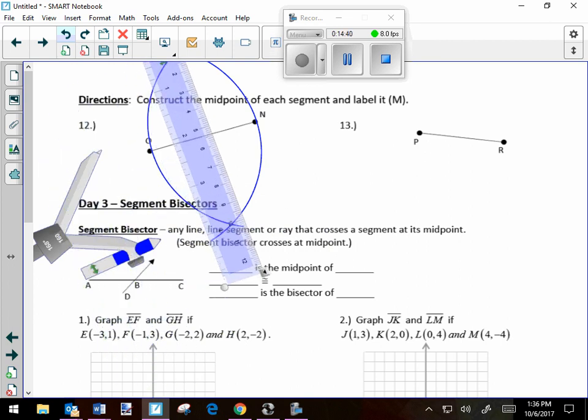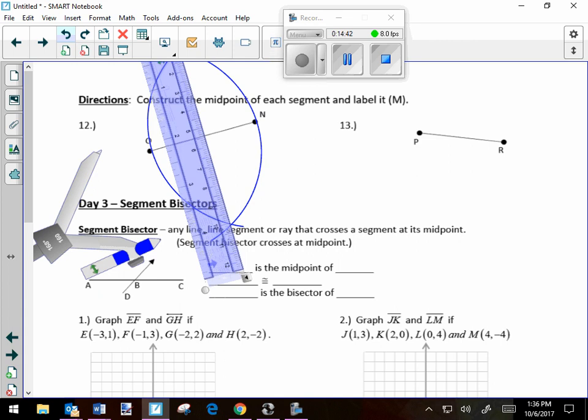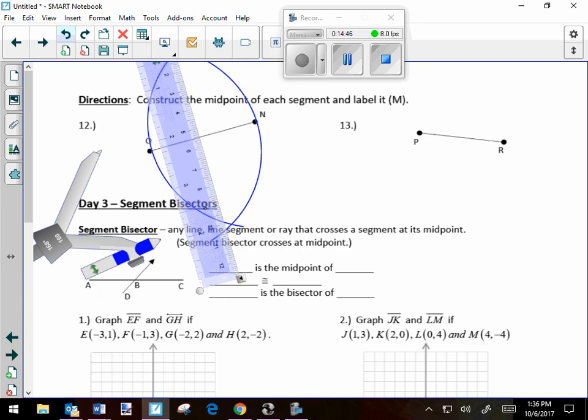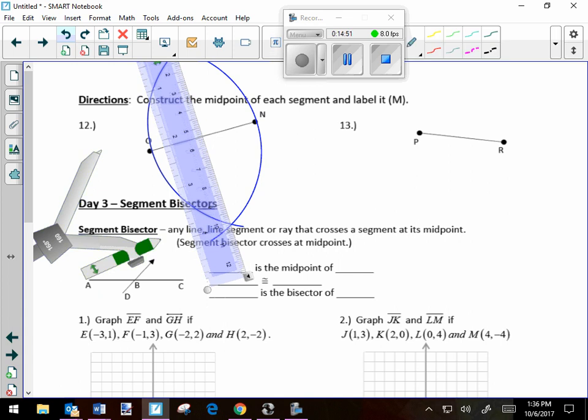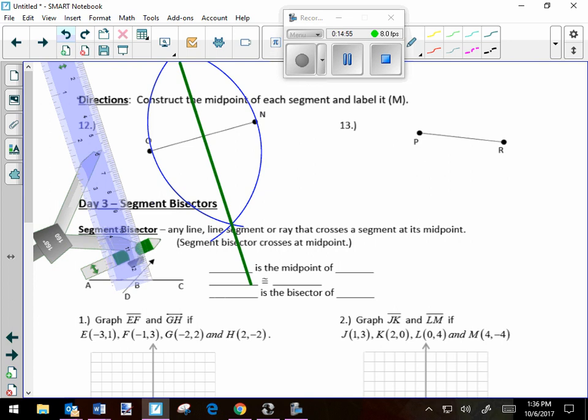Just humor me, pretend you can see it. Line it up, draw in that line that connects the upper X and the lower X.